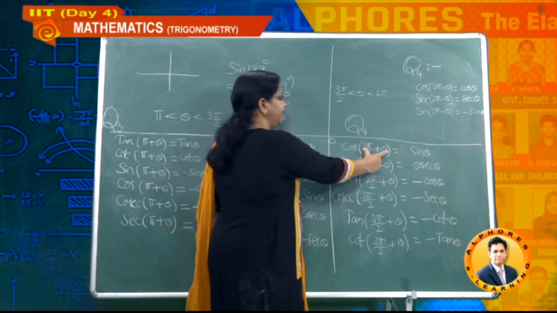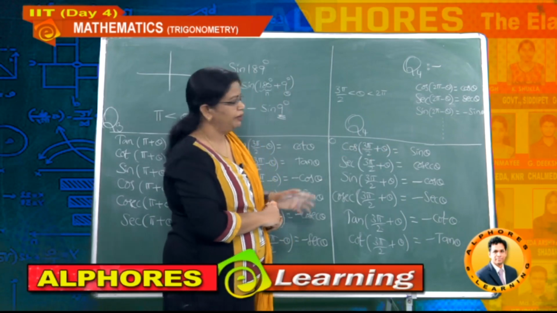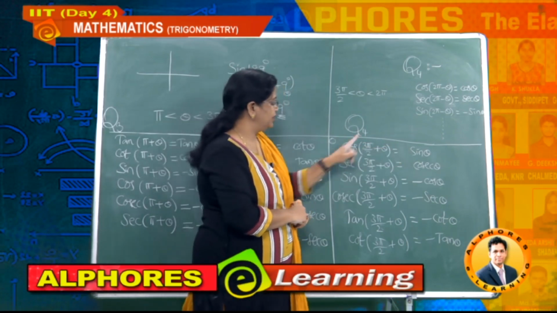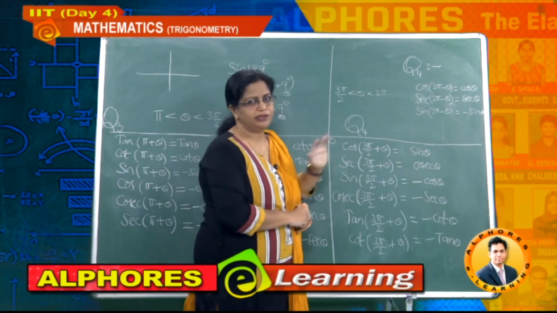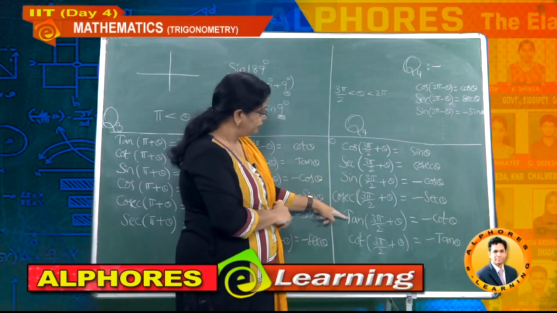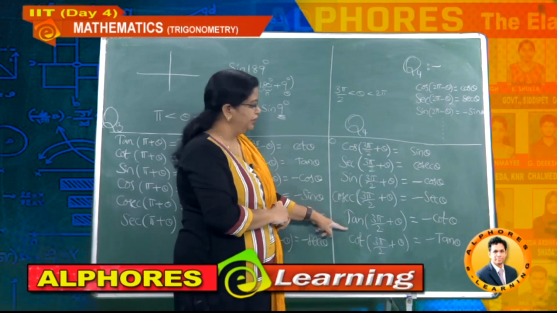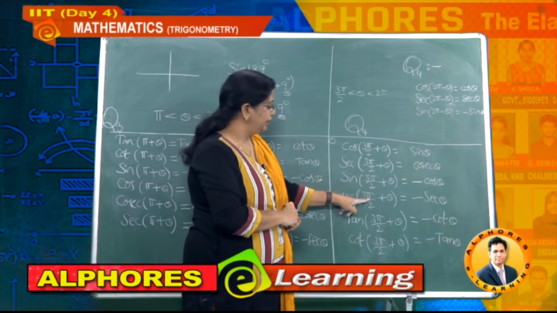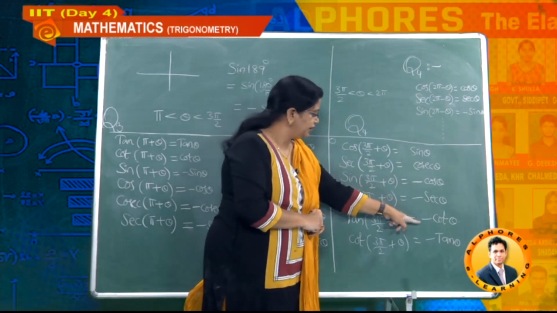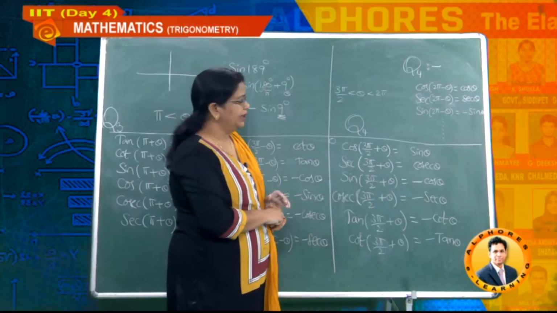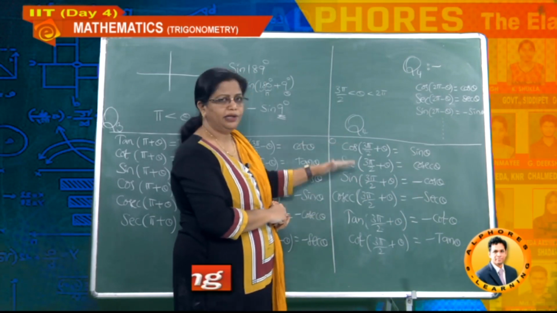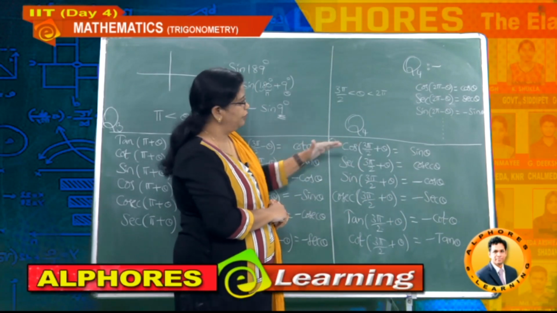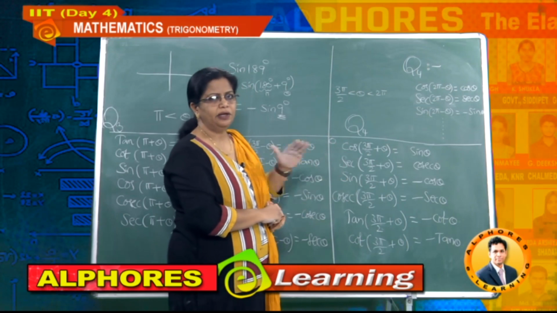Cos of the value which is more than 3 pi by 2 is positive, and secant value is positive. And for the other 4 functions, with the angle 3 pi by 2 plus theta, all our other 4 answers are negative, because in the fourth quadrant only cos and secant are positive, the rest are all negative.